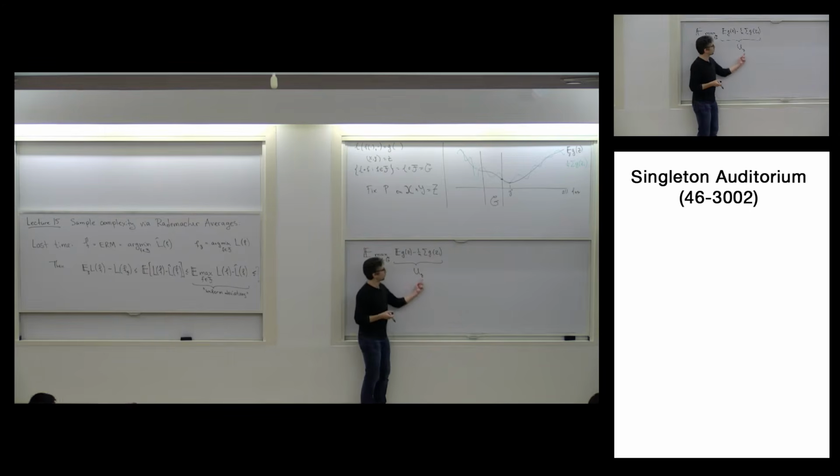So for every G, that's a random variable because it's a function of a bunch of random variables. Any function of a random variable is another random variable, right?